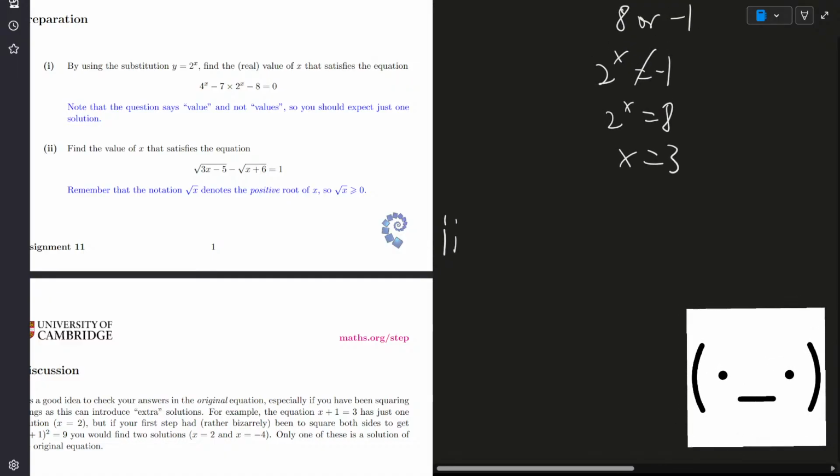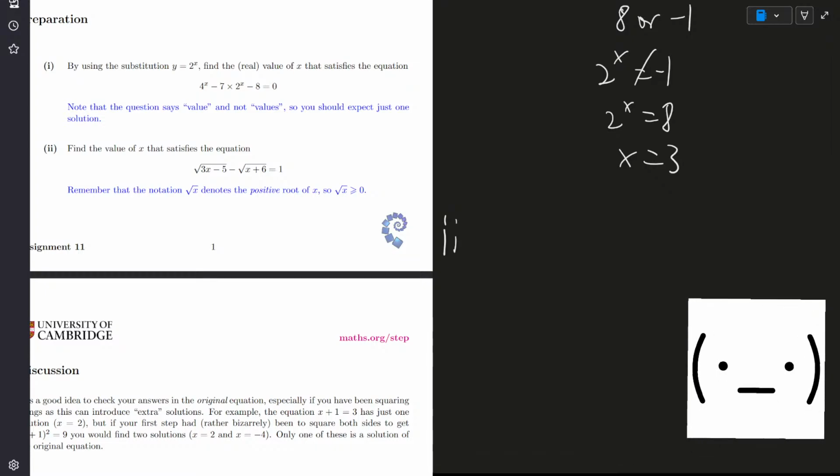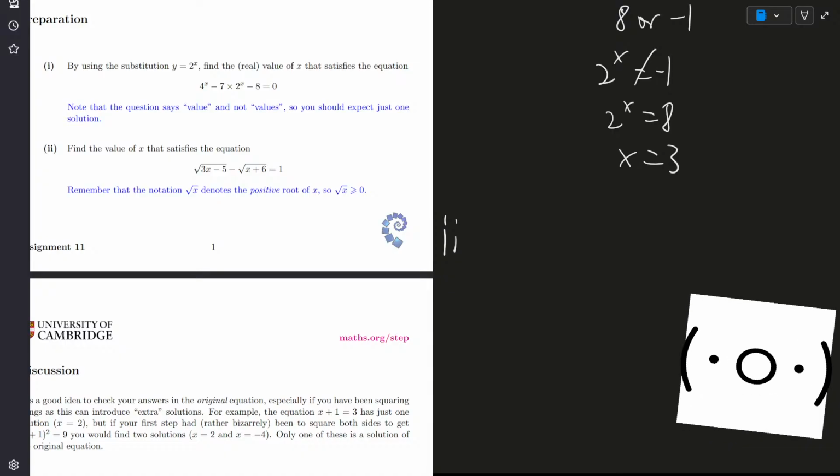Hmm. I feel like squaring it is going to cause us to lose a value.